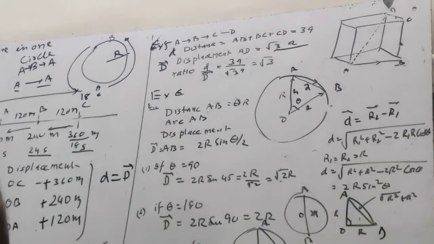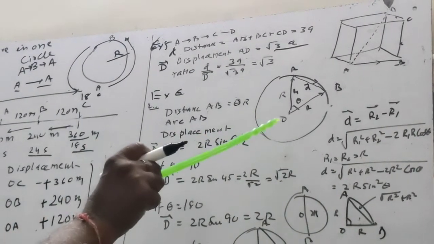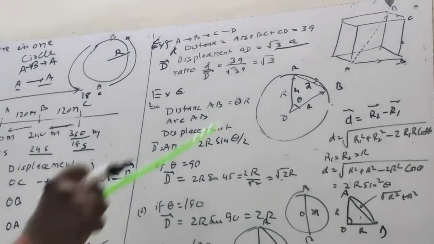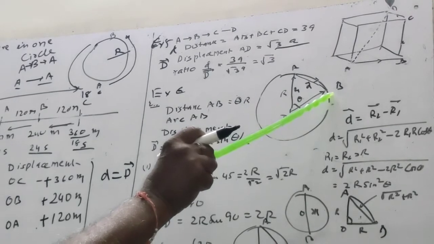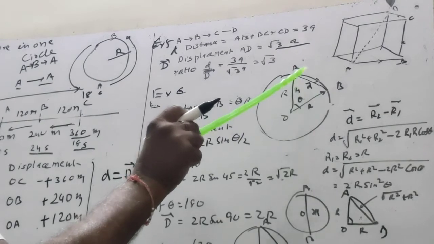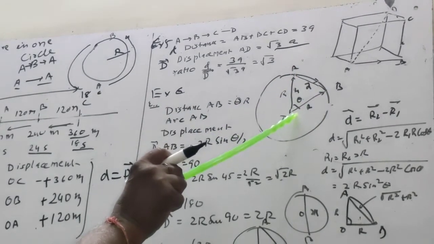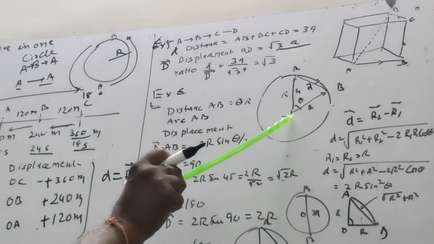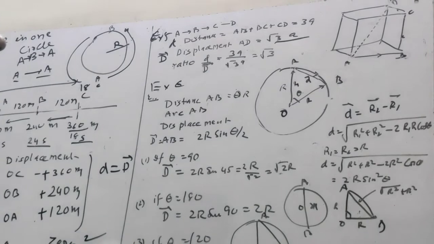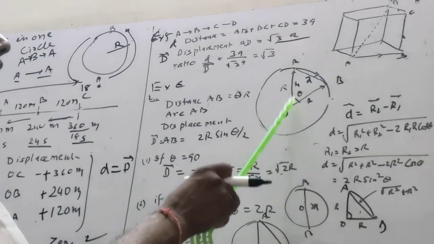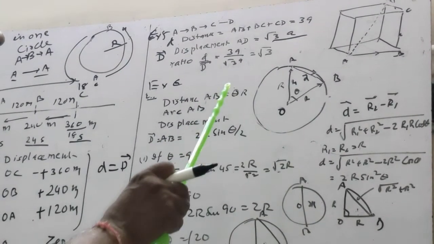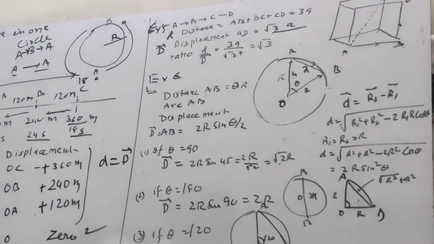Now we take the next example. The body executes a circular motion whose radius is r, and it goes from A to B. The angle subtended between points A and B is theta. OB is the radius, and OA is also the radius of the circle, which is capital R. So what will be the distance traveled?